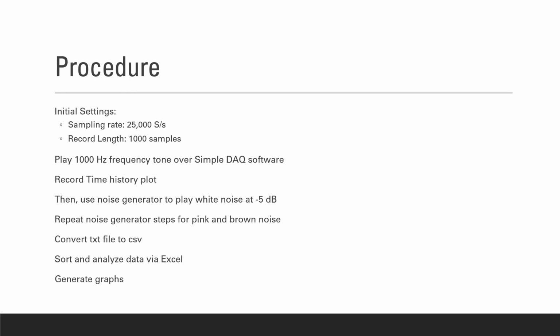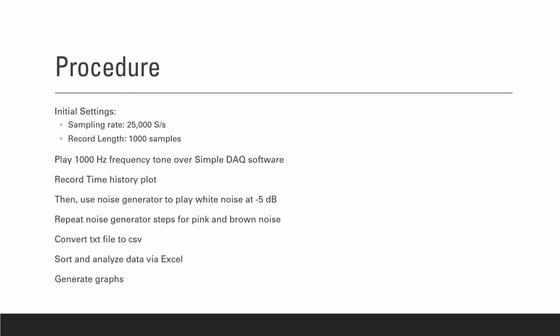After the data collection is done, we're going to take all of our TXT files and convert them to CSV files. From there, I sorted and analyzed my data for each one of those different cases, put them in Excel, and generated the graphs for them.